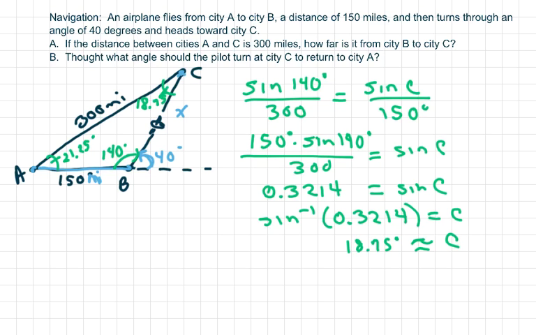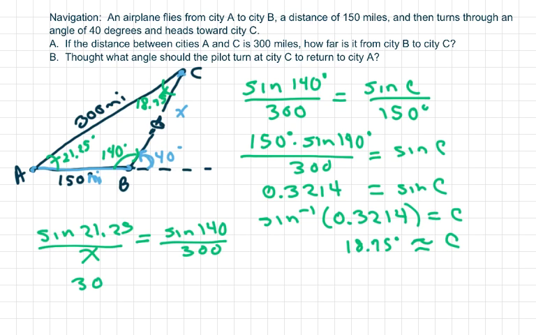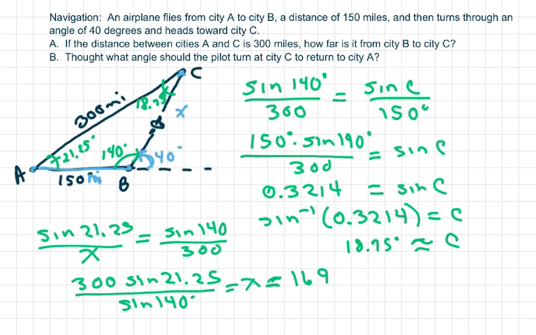Now we can find X, and we're going to take sine of 21.25 over X equals sine of 140 over 300. And again, keep cross multiplying. 300 sine 21.25 over sine of 140 gives you your X. And so our X is approximately 169.16 miles.